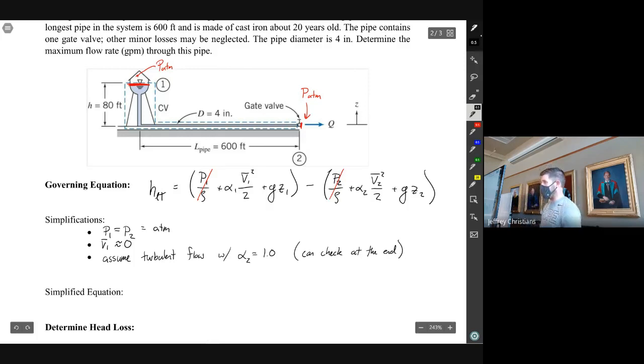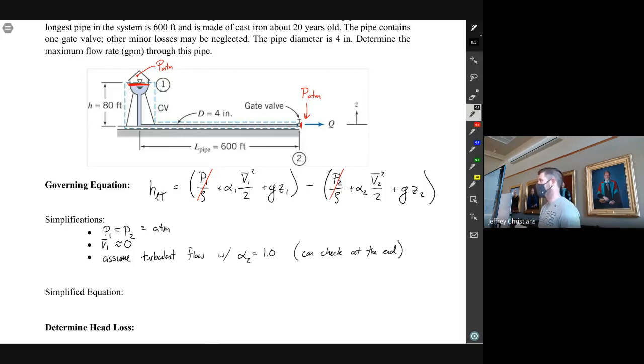And we can always go back and double check that to make sure that that's actually correct. And if it's not, then okay, we can go back and fix it. But we'll just guess that it's probably turbulent flow, right? Like if you take even your faucet at home and open it all the way, you have turbulent flow. So that's a good assumption.